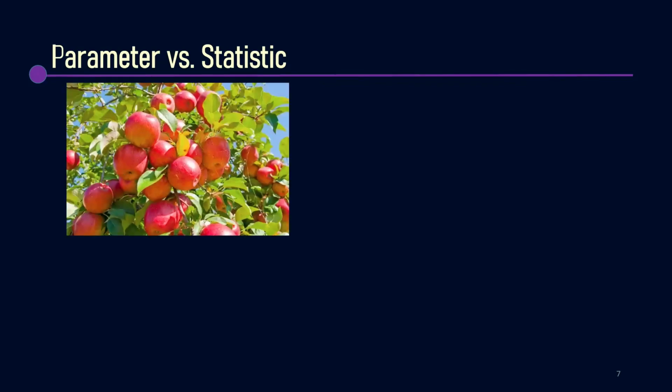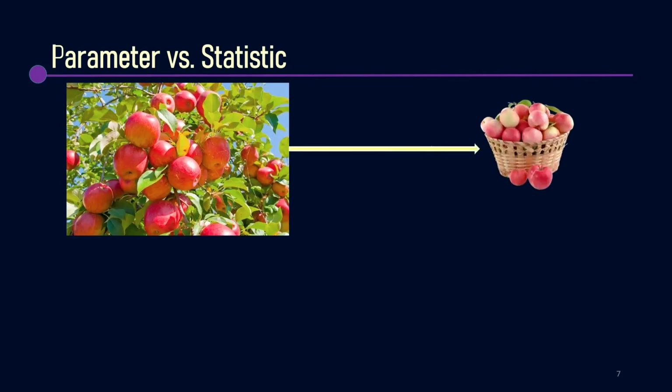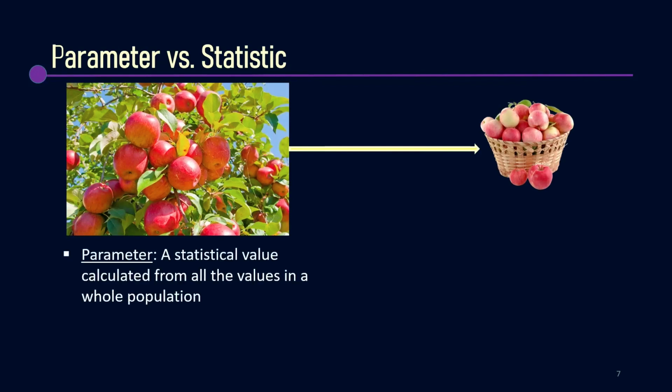This is a tree with apples, and we picked some apples and collected them in a basket. So the apples in the basket are a sample, and the apples on the tree are a population. A parameter is a statistical value that could be anything, mean, median, mode, or any other thing, calculated from all the values in a whole population.